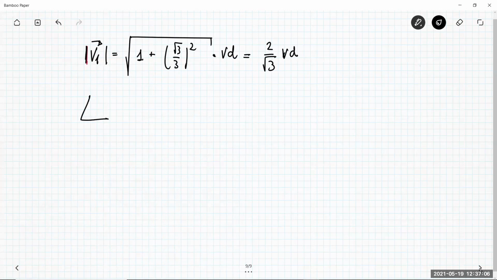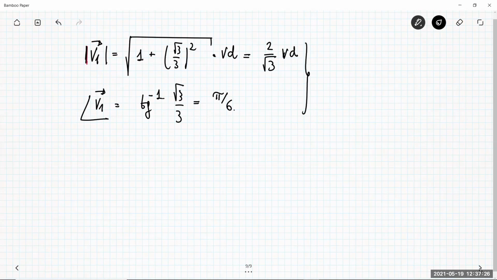Then you can have the angle, which is the inverse tangent of the imaginary part over the real part, and this is 30 degrees.